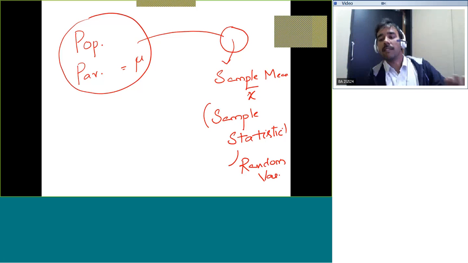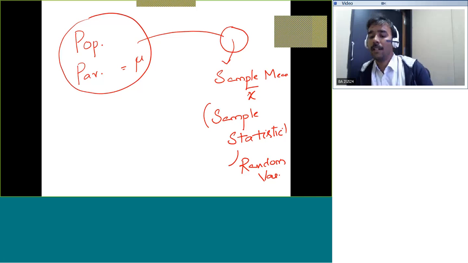These concepts are known as the probability distribution of a random variable. Here our random variable is a sample statistic, x bar. Then you can calculate the probability distribution of x bar. That is known as the sampling distribution of x bar.